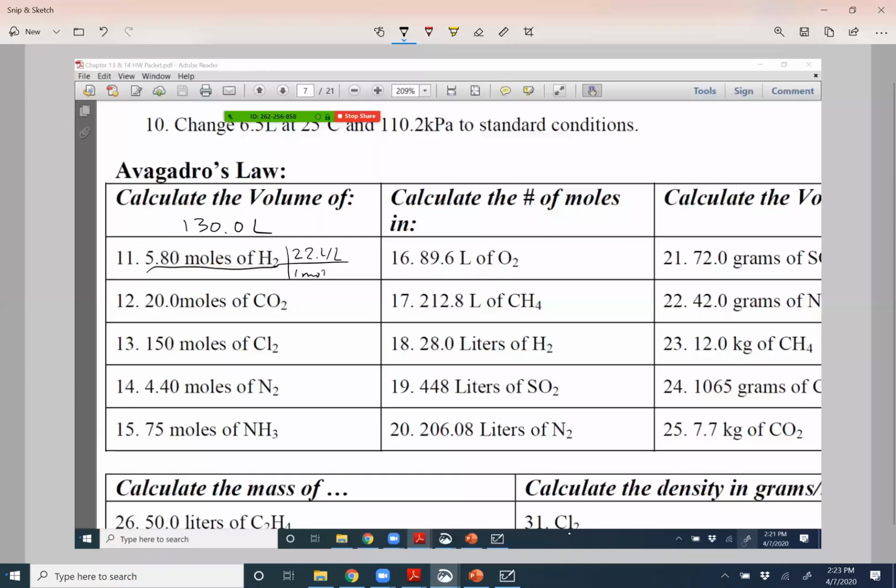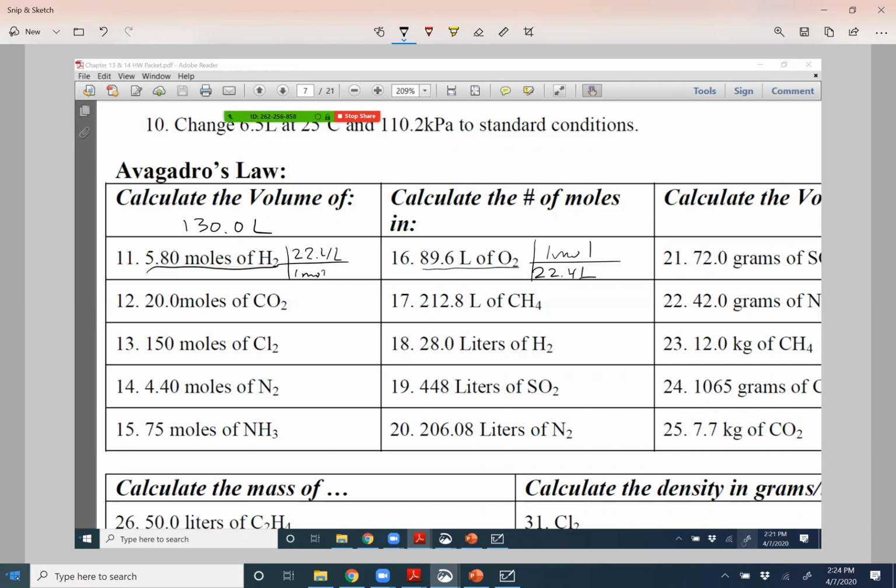All right. So if we went from moles to liters, we multiply by 22.4. So if we're going backwards, we're going to divide by 22.4. So in this case, our conversion factor will be for every 1 mole, there's 22.4 liters.